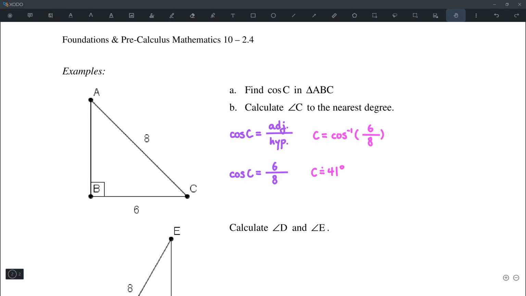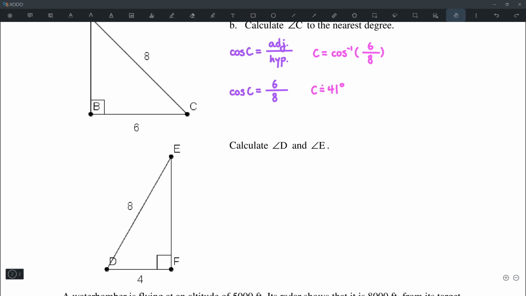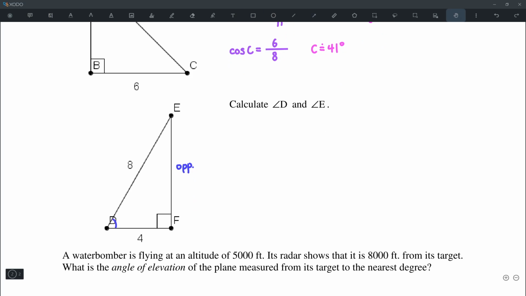So next up we have angles D and E inside of DEF. So let's start with angle D. Opposite side is EF. Adjacent side is the 4. And the hypotenuse is 8. So it makes sense once again for us to use the cosine ratio.